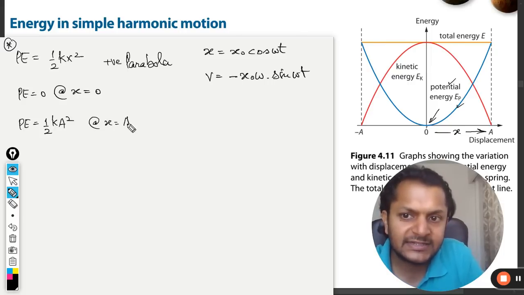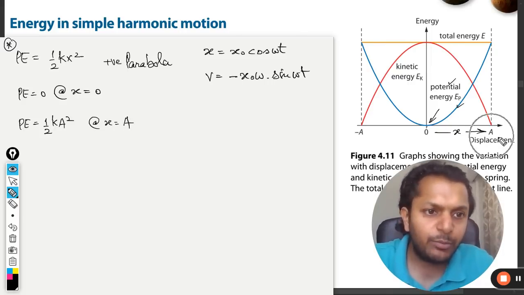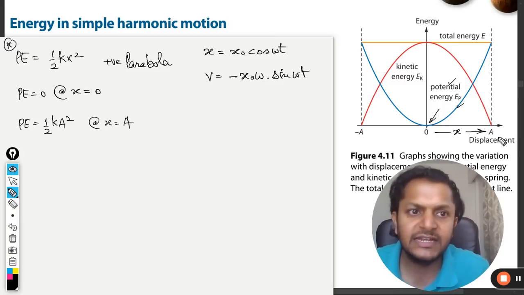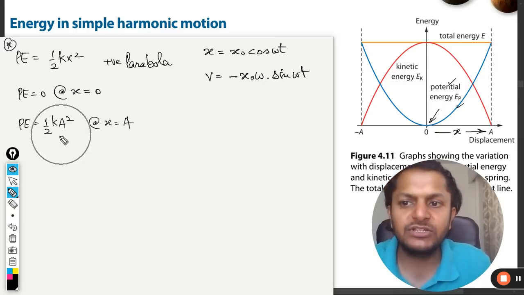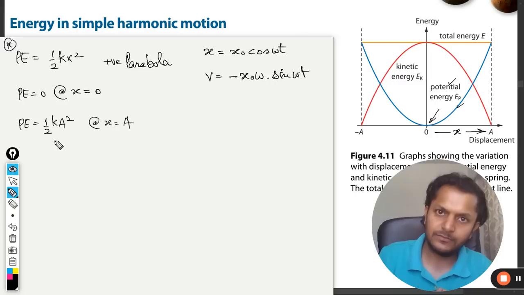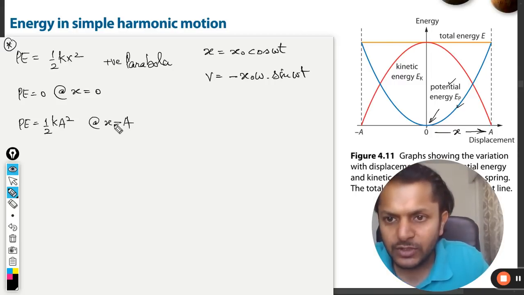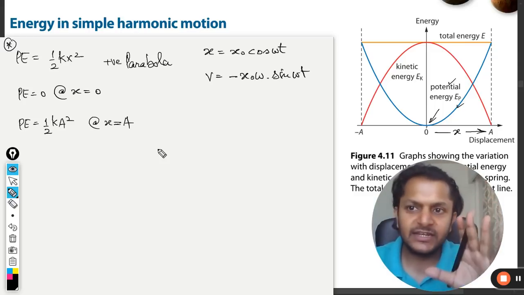So I can say that x is equal to a, that is the amplitude here. So when the body is reaching the amplitude, the spring is in the maximum stretched condition, and so the energy is maximum. So this is the maximum energy, which is half ka square, and x is equal to a, that is the amplitude. This is what we need to understand as of now.